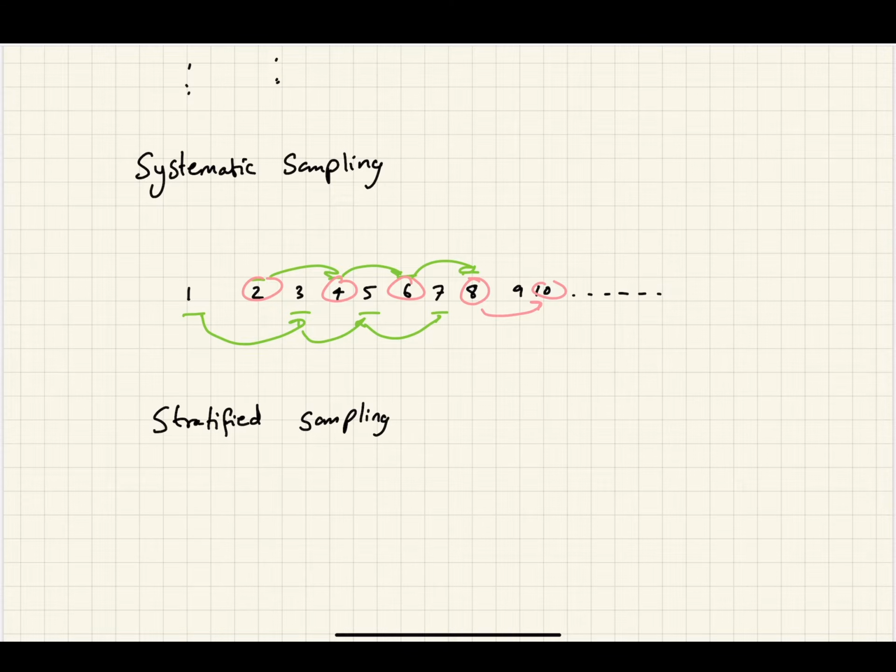So what this means is, for example, if we have a population of people, we might decide to split them into males and females, or we might decide to split them into people from 0 to 10, 11 to 20, 21 to 30, and so on. So it's kind of taking your population, splitting it into groups that cover everything.